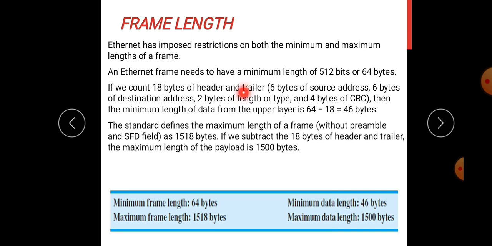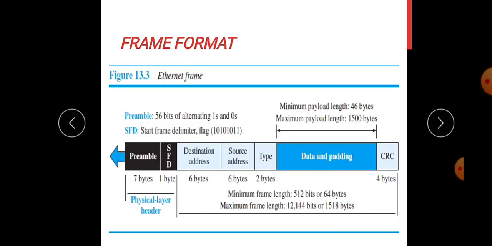Part of this length is header and trailer. We will compute that as 18 bytes of header and trailer. That is, it is 6 bytes of source address, 6 bytes of destination address, 2 bytes of length, and 4 bytes of CRC. So in total it is 18 bytes.